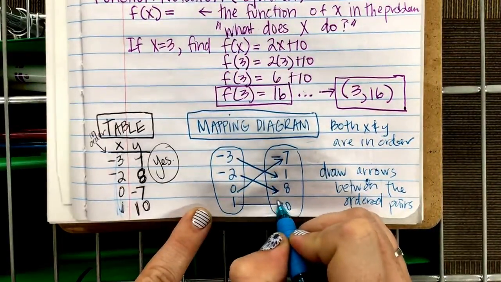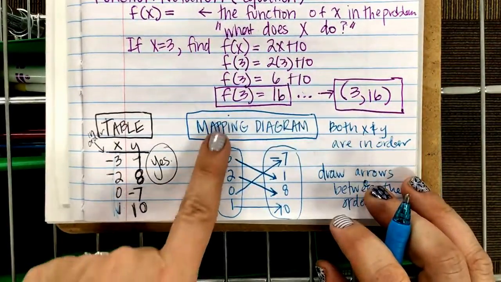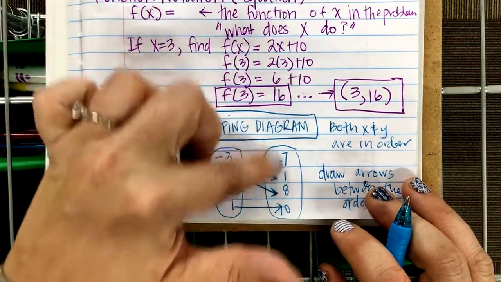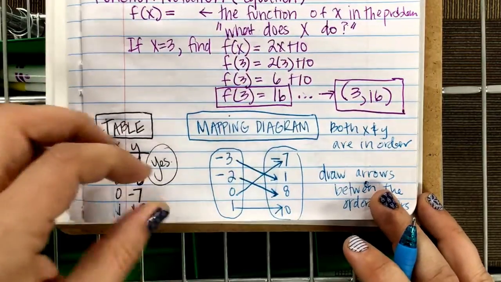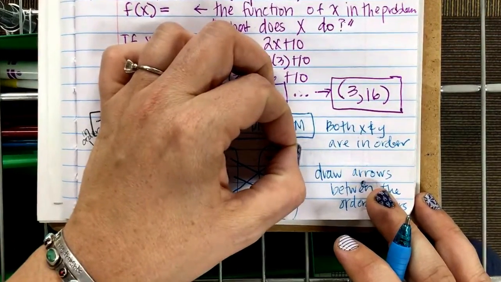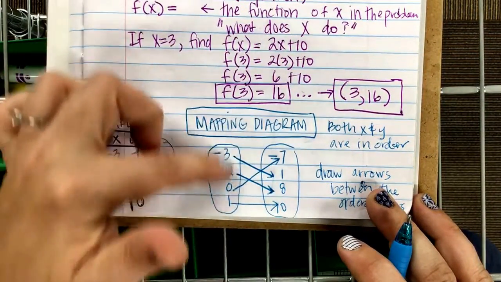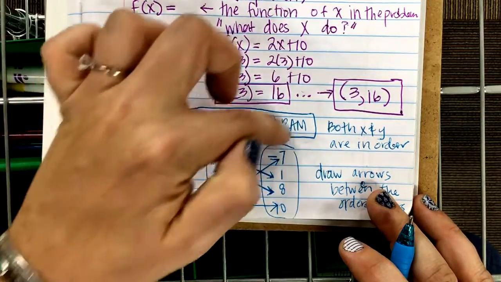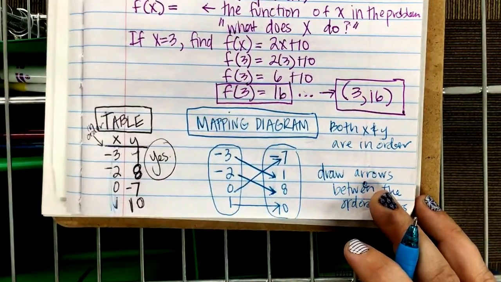And 1 goes with 10. Now, if there were 2 -7s in your y values, you'd only put 1 -7 and 2 arrows would go to it. Or if one of your x values repeated, if there were 2 zeros, you'd only put 1 zero and you'd draw 2 arrows from it.